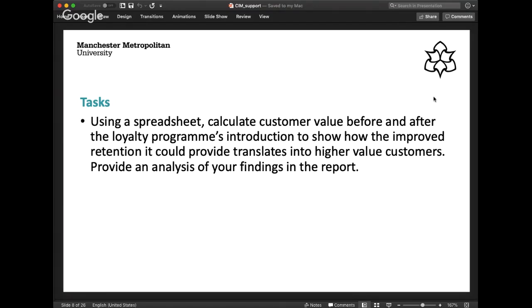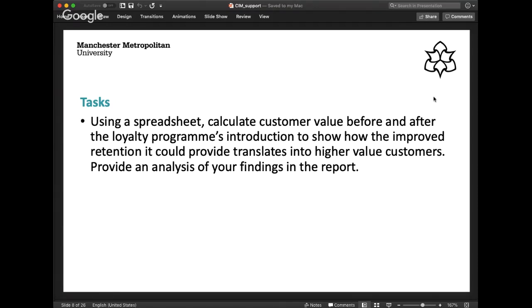So we'll go through in some detail the calculation, and then you'll find more detail on the Moodle area, or you can come and see me. So what you need to do is, using a spreadsheet, attach the spreadsheet to the submission, or screenshot the results into your report in some way, in the appendix, if you really want to.